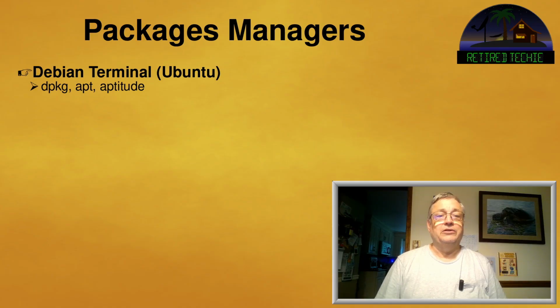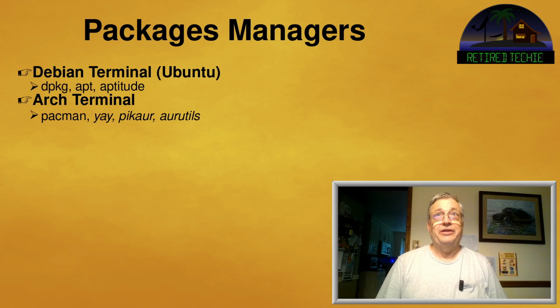Then there's the Arch tree. Arch is not the oldest Linux line, but it's one of the major ones today, and they use something called pacman. I've not included, what's the other one called? Not pacman, but pacstrap, because that's for actually installing a new system. Then I've also listed a few others here, including yay, pikaur, and aurutils.